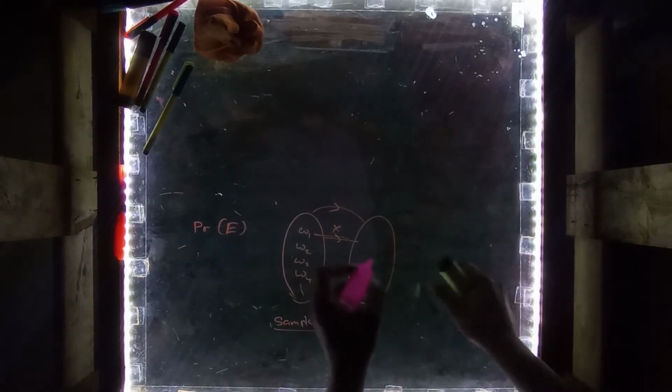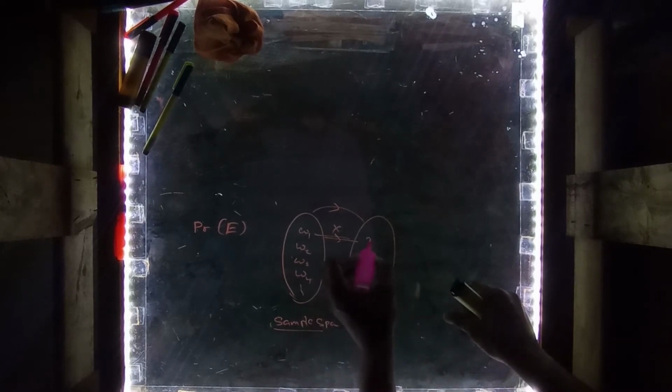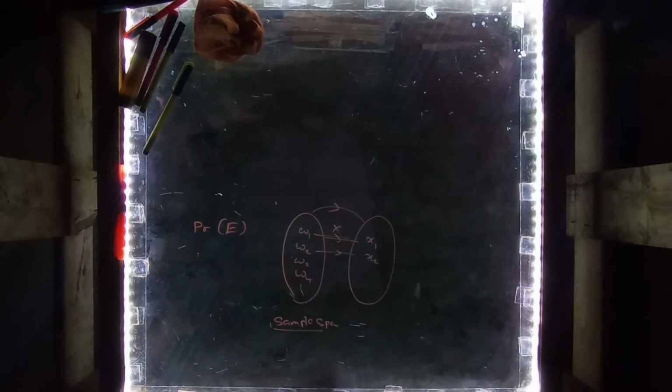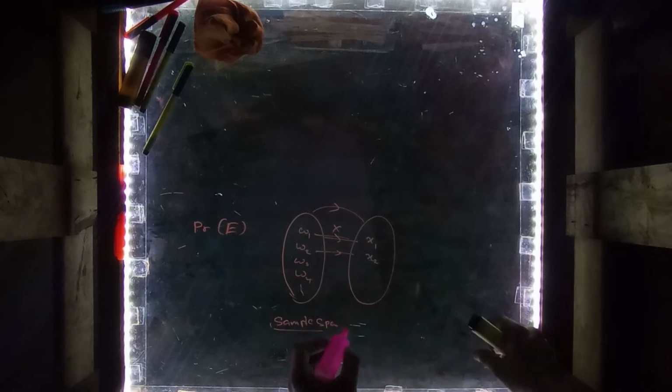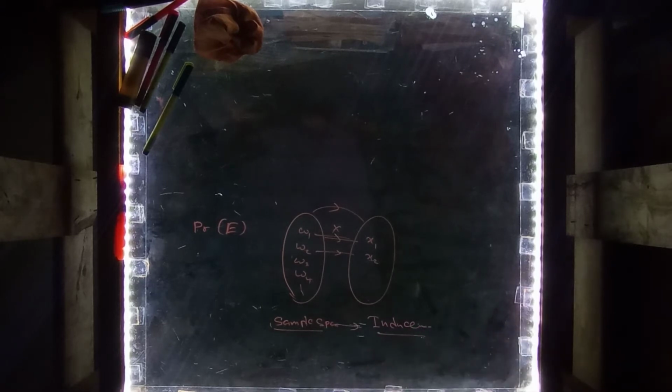Then this will be connected with the induced sample space. Let me call these elements x1, x2. These are the corresponding elements. So this is the sample space, this is the variable, and these are connected with the induced sample space.